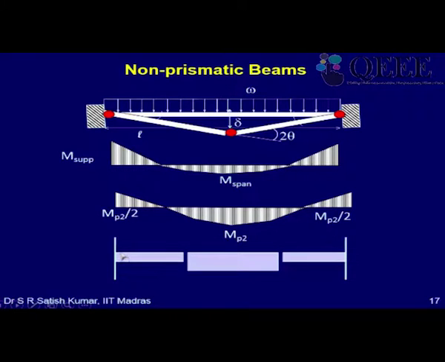I will get a beam where, from here to almost here, this is the largest moment, so I provide that section somewhere up to here, not necessarily up to the point of zero moment, I can go beyond that also, wherever the moment is not exceeding this value. And where I have the maximum MP2, that same section I will provide in the midspan.